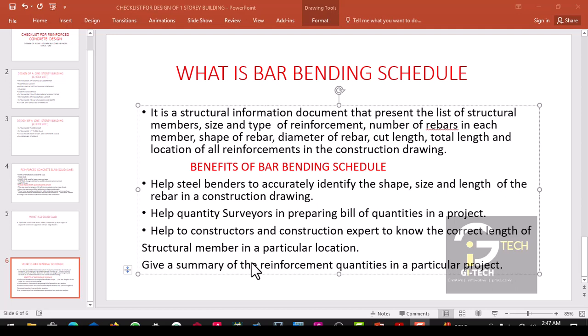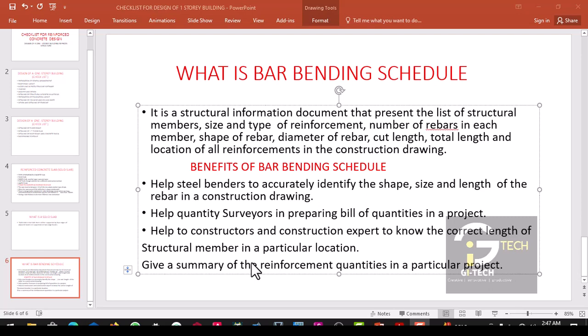So bar bending schedule gives you a tabular form of list of information about the reinforcement of a particular project. It gives you the information about the location of the structural members, the size of the structural members, the length.